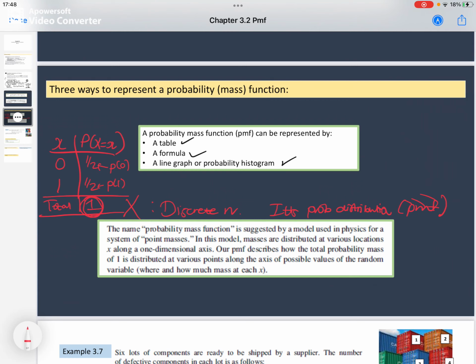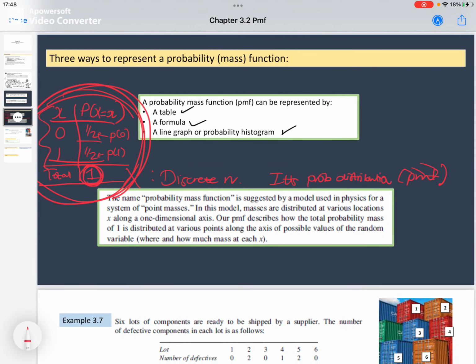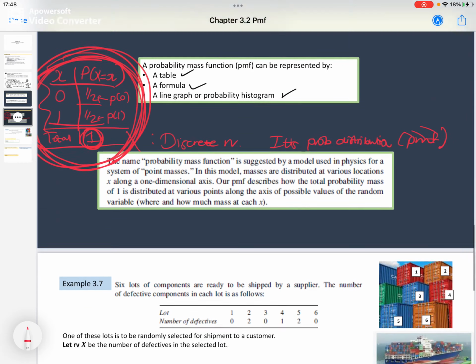So the total probability of 1 is equally distributed in this specific case of tossing a balanced coin. So we see that the total probability of 1 is equally distributed amongst the possible values of our random variable x. So this whole entire table describes a probability distribution, or this whole entire table is actually the PMF of a random variable x.